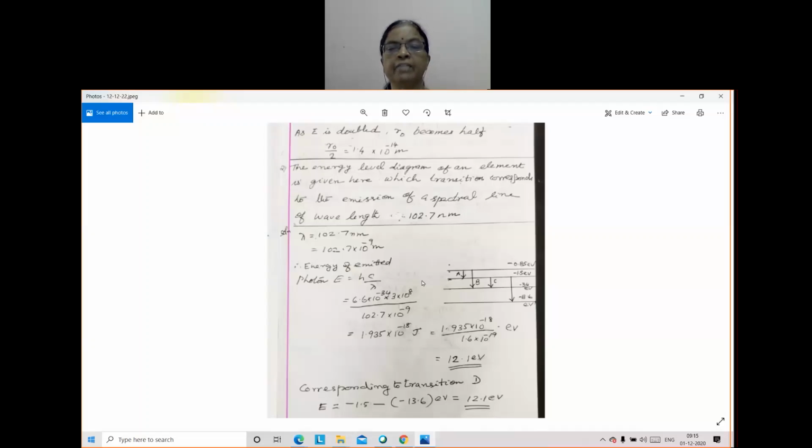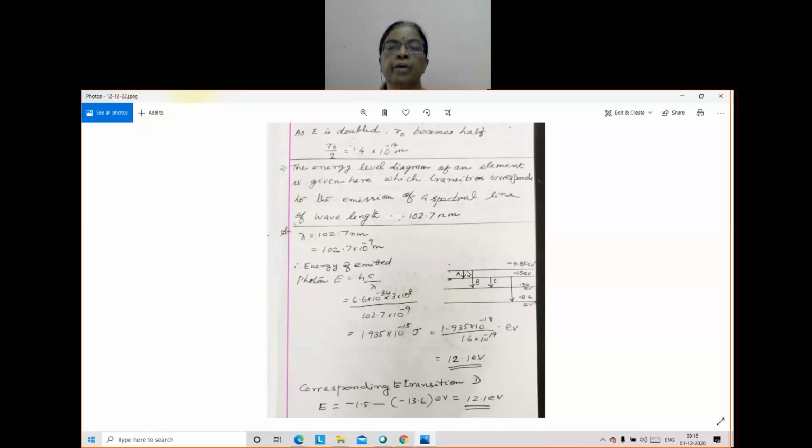So just look at the diagram. Which transition gives 12.1 eV? This is the ground state energy, minus 13.6. When an electron jumps from a higher energy level to this level, that difference in energy should be about 12.